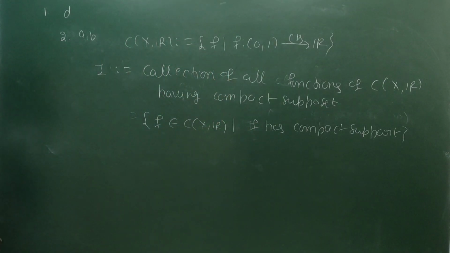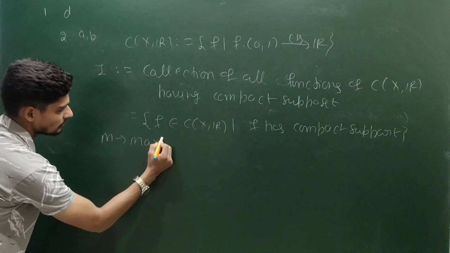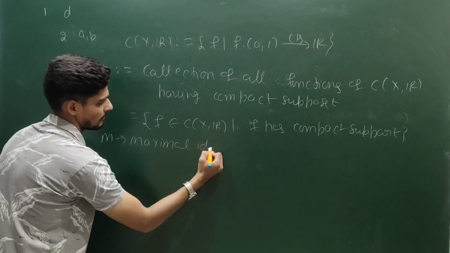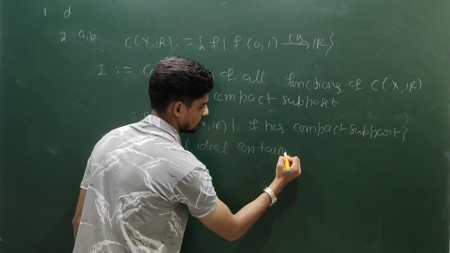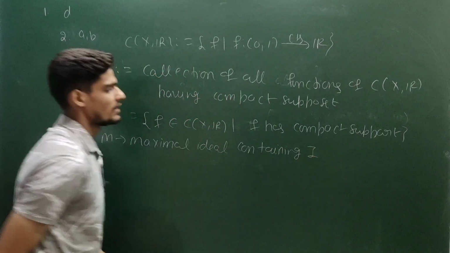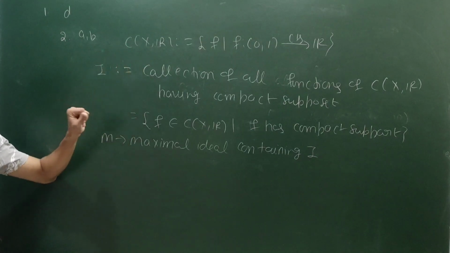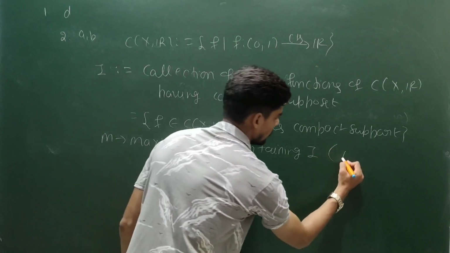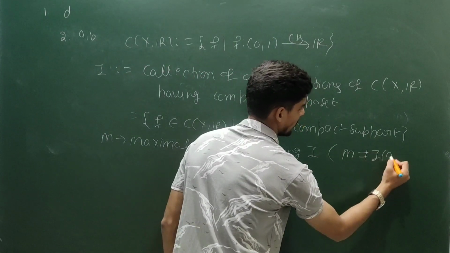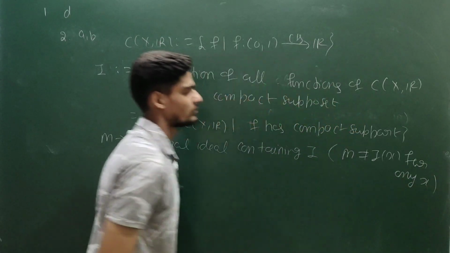Now try one thing. Create an M. This is a maximal ideal containing I. Try to construct an ideal M which is a maximal ideal of C(X, R) and contains I, and claim this M is not equal to I of x for any x.